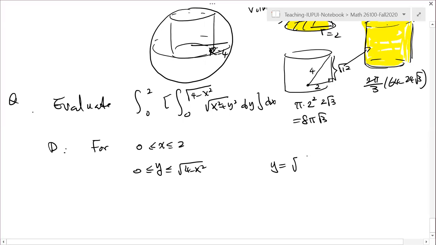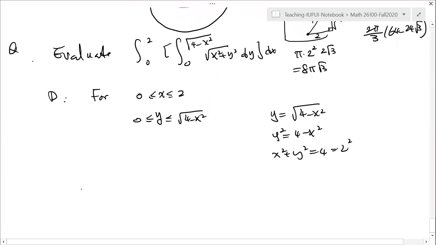If we consider this equality, you get x squared plus y squared equals 4, which is 2 squared. So now we have a pretty good idea to describe the domain. This is the y-axis. So x is from 0 to 2, but y is between 0 and the square root of 4 minus x squared.